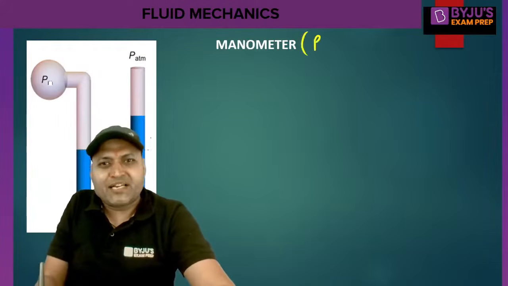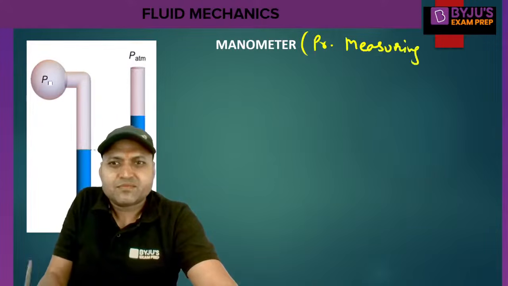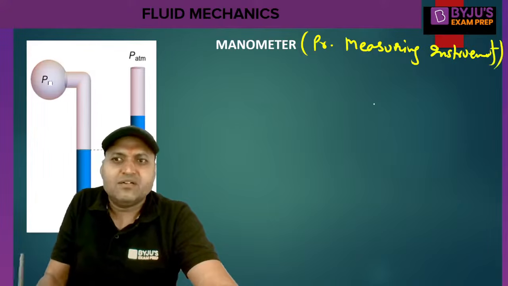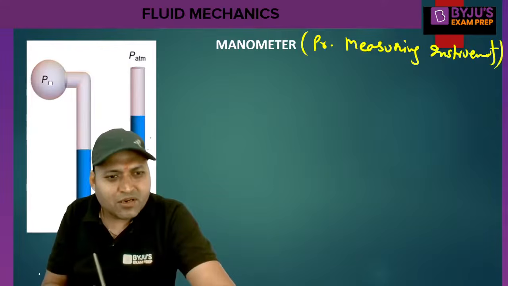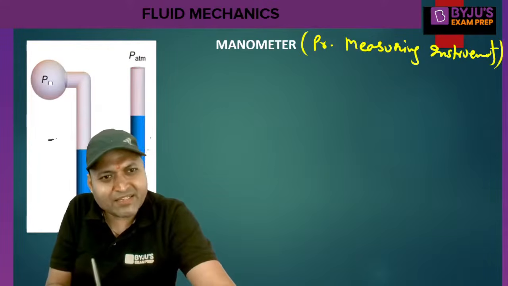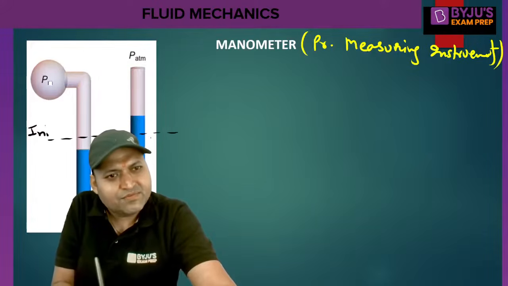Manometer is a pressure measuring device, a pressure measuring instrument, based on the balancing of the fluid column due to pressure difference. This is the initial level.